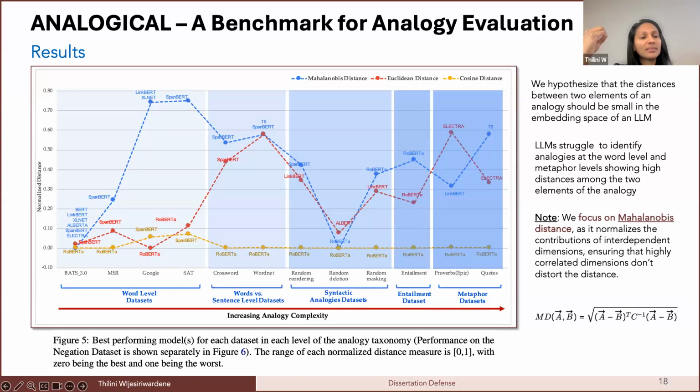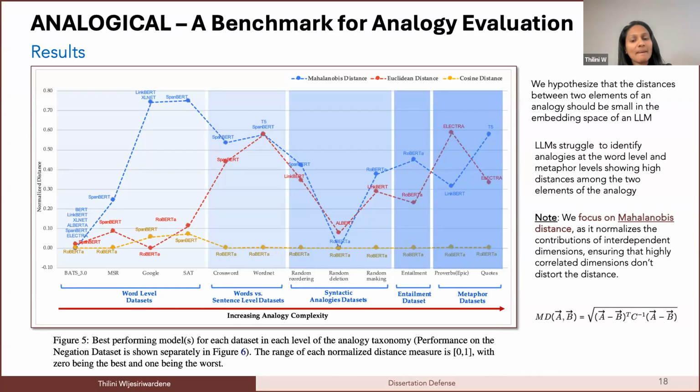What we see is that at this word level, and at this level, it seems like they're struggling a bit, because the distance should be smaller, but it is high, even for the best performing models. I'm listing the best performing models here.